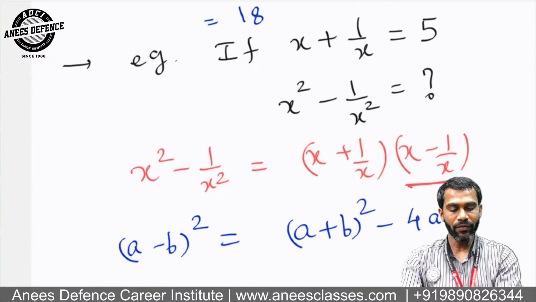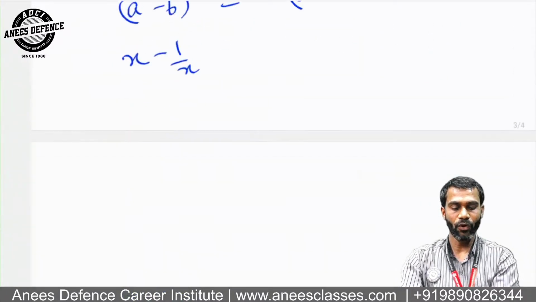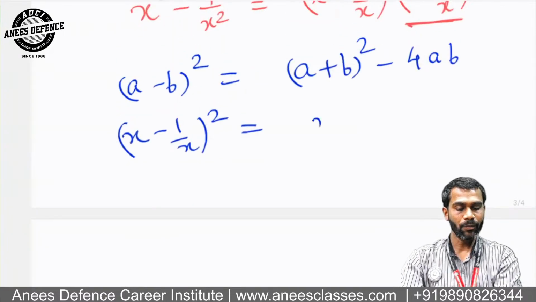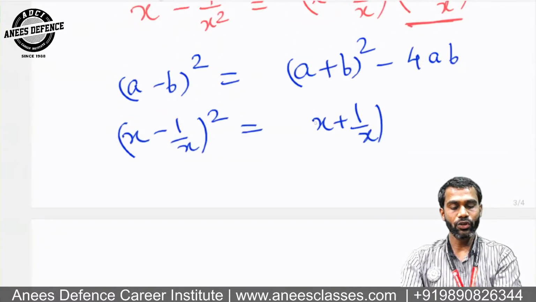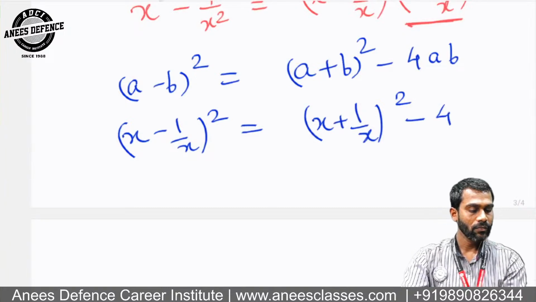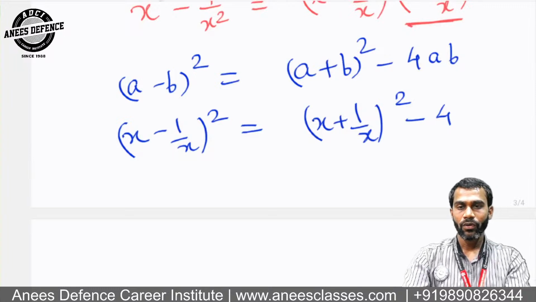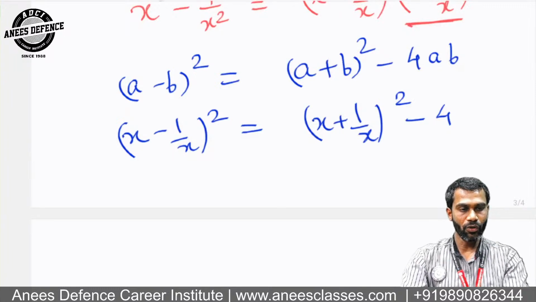So in the same way, I can write x minus 1 by x using this formula. X minus 1 by x is equal to x plus 1 by x whole square minus 4ab, and since both are reciprocal to each other, ab will be 1 only. Yes or no?